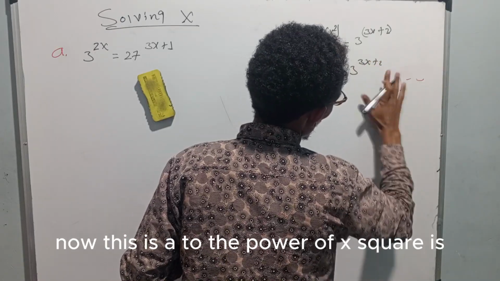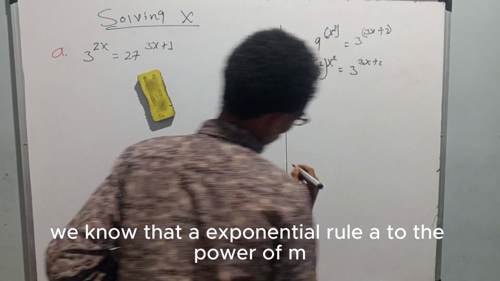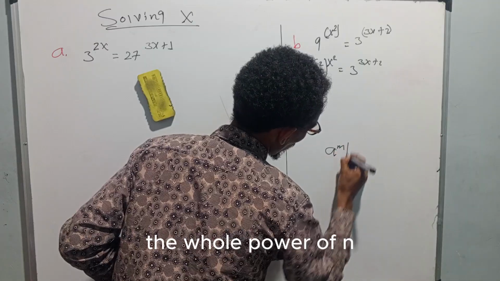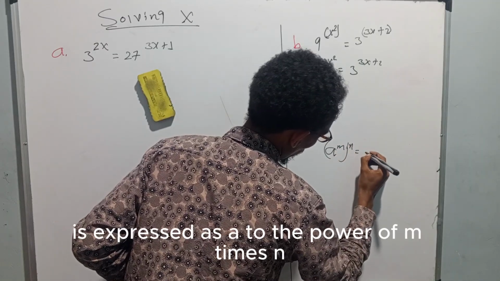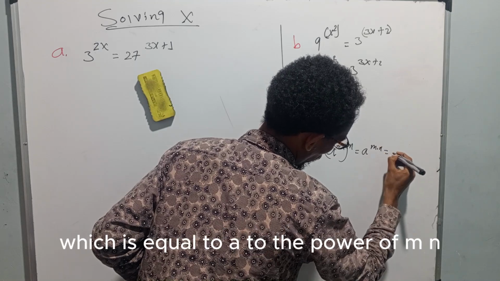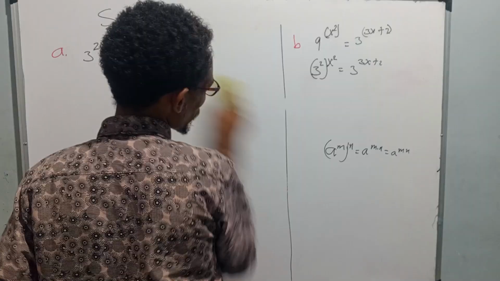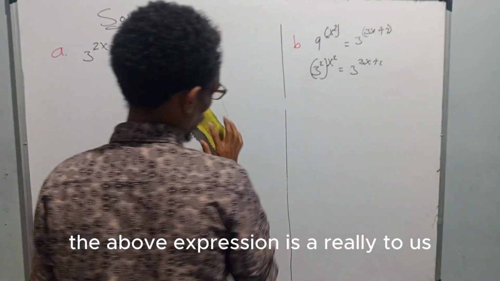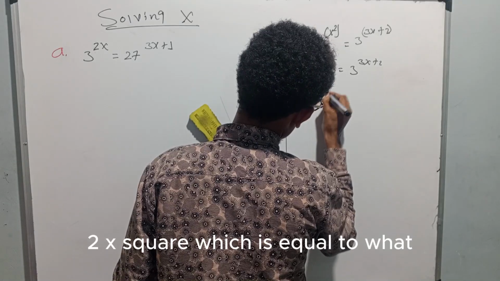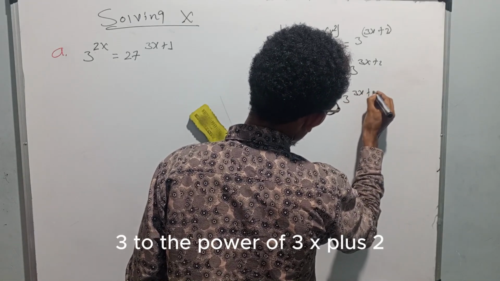Now, we know the exponential rule: a to the power of m, the whole power of n, is expressed as a to the power of m times n. So because of this, the above expression is rewritten as 3 to the power of 2x squared equals 3 to the power of 3x plus 2.